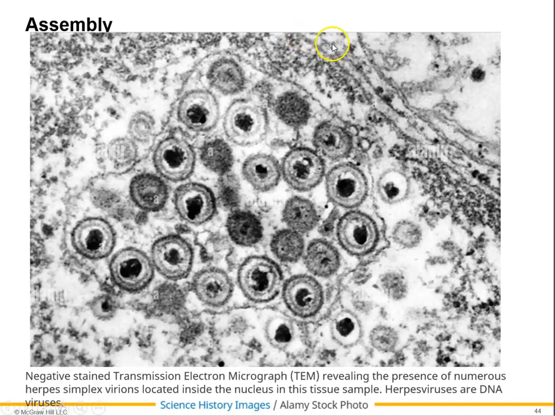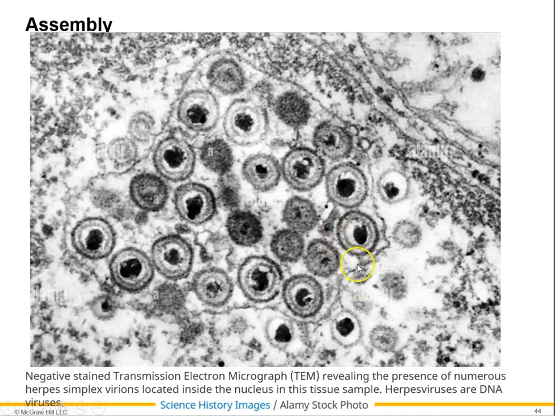So here is the cell membrane out here. Here is the nuclear envelope, this line here, and you can see inside of the nucleus are all of these virions, these viral particles ready to go.